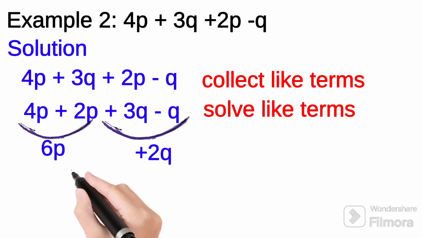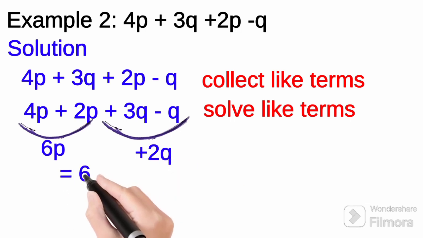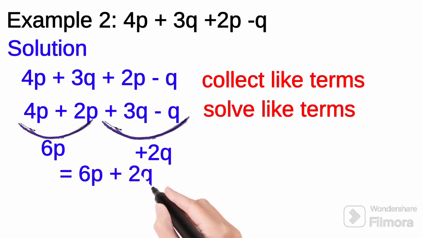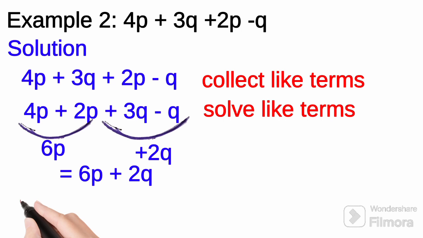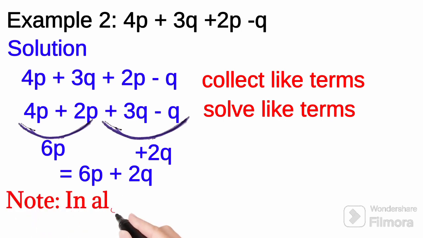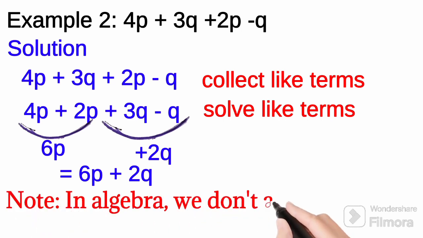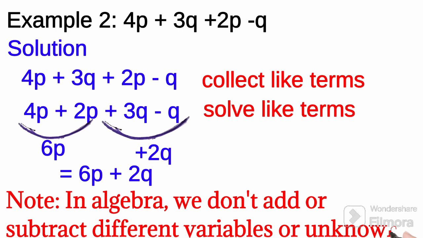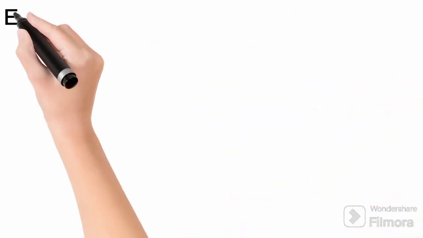So our answer becomes 6p plus 2q. And that is the answer. Note, in algebra, we don't add or subtract different variables or unknowns. That is why our answer is still 6p plus 2q.